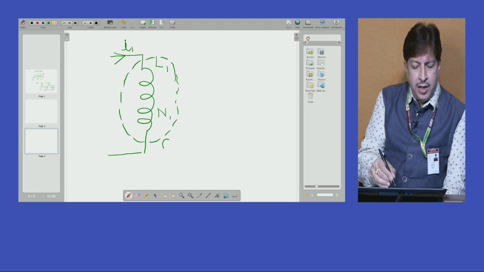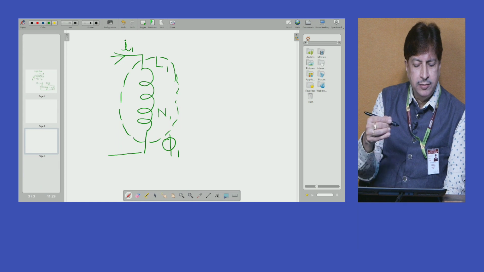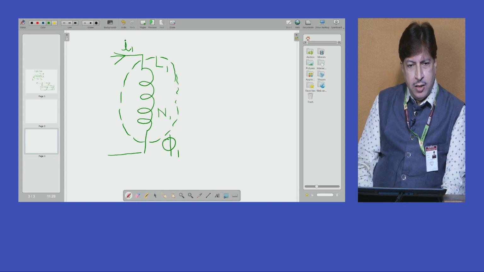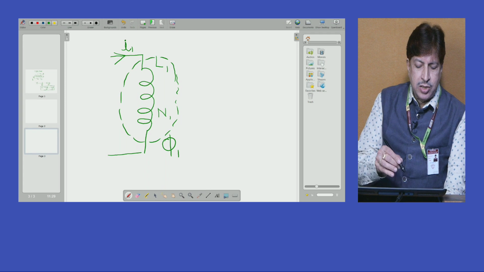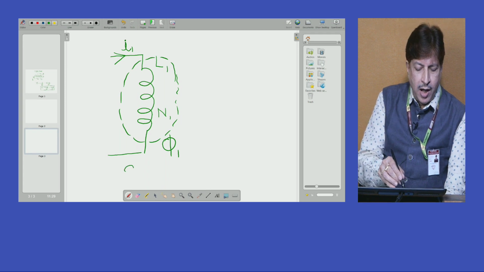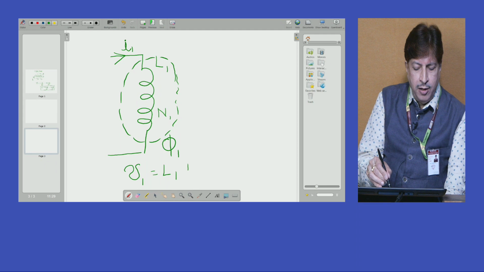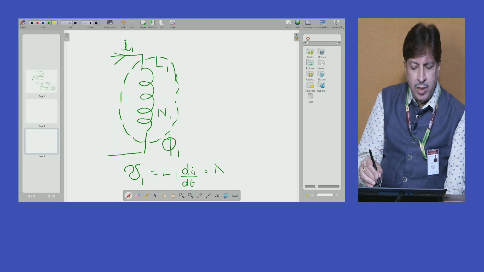I am considering this magnetic flux as phi 1. Basing on the discussion we had just now, this particular coil's self EMF, I am representing it as V1, it is L1 di1 by dt, which is also equal to N1 d phi 1 by dt.